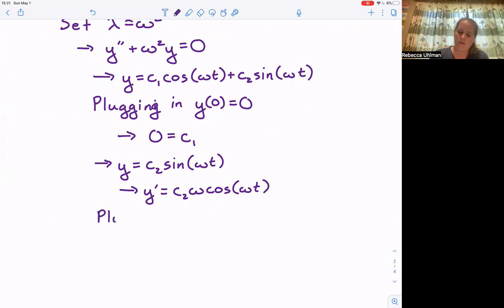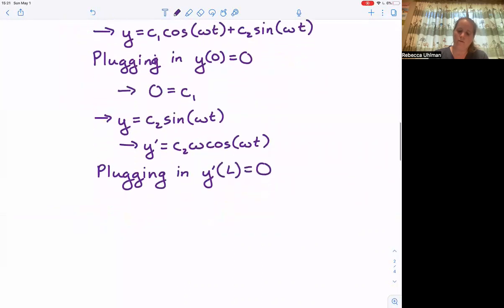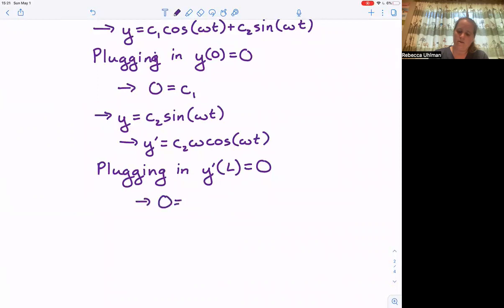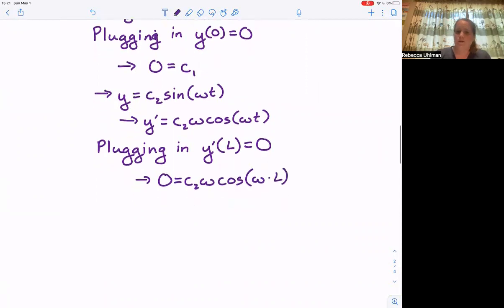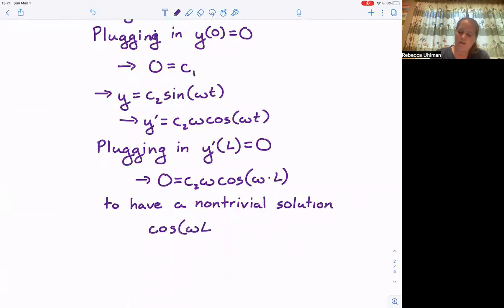So if we plug in y prime of L equals 0, we are looking at 0 is equal to c2 times omega times cosine of omega times L. So to have a non-trivial solution, we get that cosine of omega L must be equal to 0.